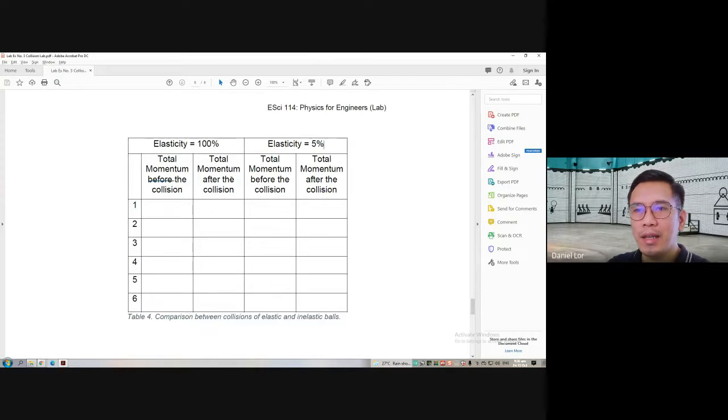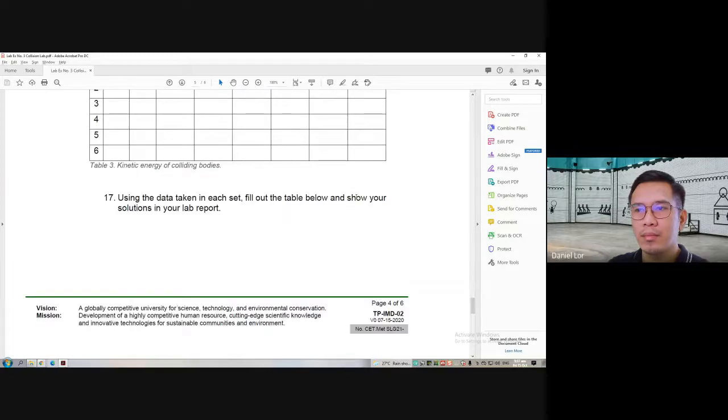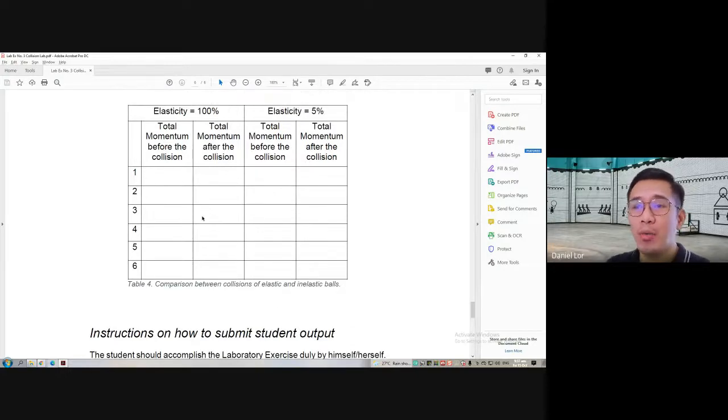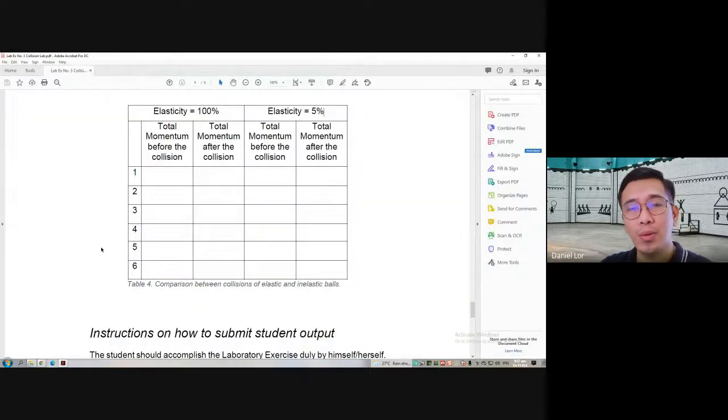Before and after collision. May nakabutang before, after collision. And we have to compare kung sa may mahitabo sa ilang momentum. No? But basically, what we want to prove here is ang ilang momentum is dili mag-change. Or mag-change siya, but the sum of the momentum will still be the same. So, imong i-add ang momentum sa kaning duha ka balls or sa kaning ball 1 plus ball 2, makuha nimo ang same na momentum.